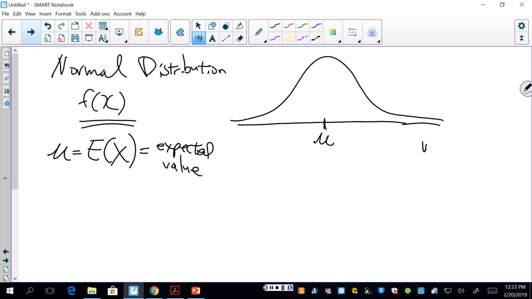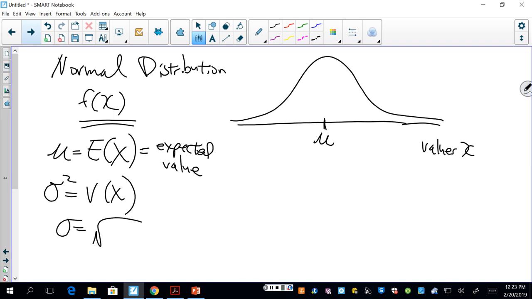Here are the different values that x can take on. Right? And how spread out it is is controlled by the variance. Sigma squared is the variance of x, and sigma is just the square root of that, the standard deviation of x.